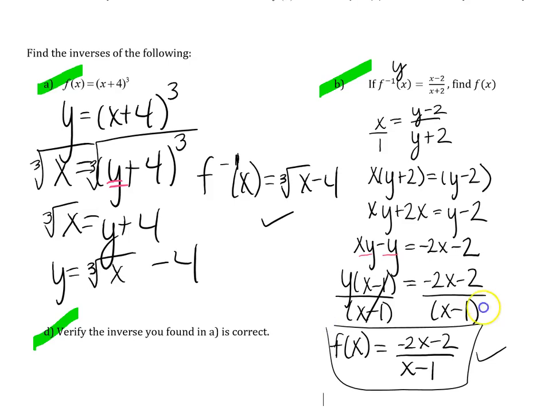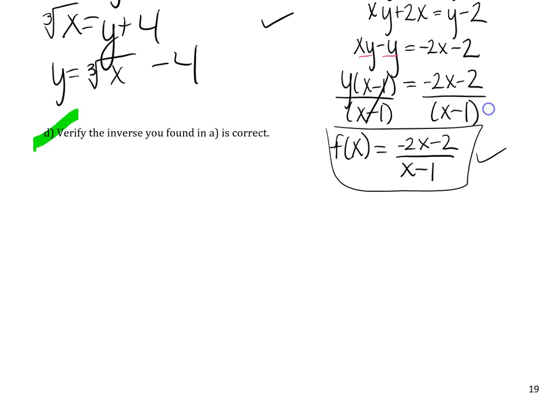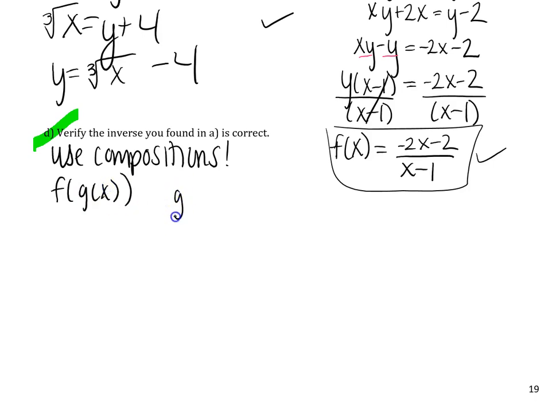Okay, last thing I'm going to do in this video is talk about how you verify inverses. In order to do this, you use compositions. That means we're going to do f of g of x and g of f of x, and we need to show in both scenarios they equal x.